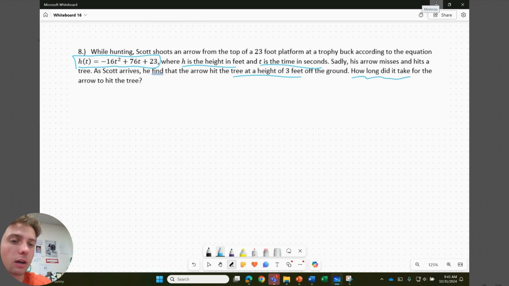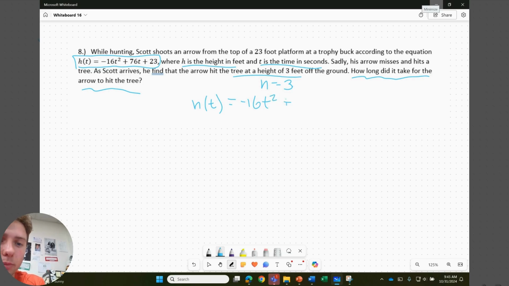We're being asked how long it took for the arrow to hit the tree. We're given an equation that models the height versus the time, and we're given one of those values. We're told that the height, h, is 3. If you know what something's equal to, you can always replace it. So in our equation, instead of h of t equals, I'm going to replace the h variable.